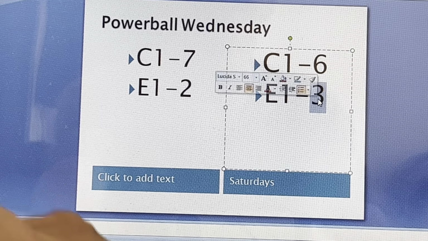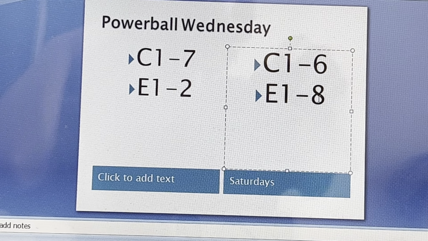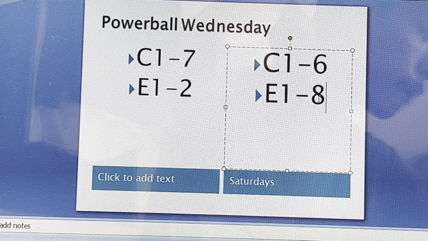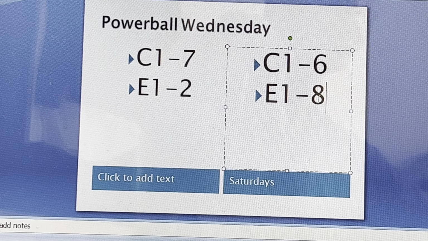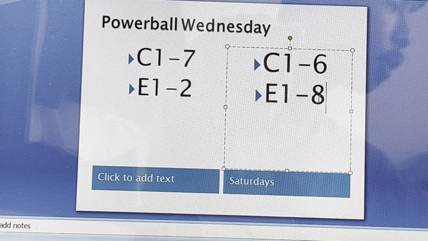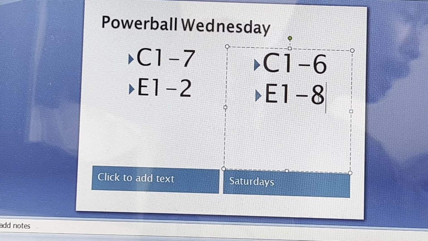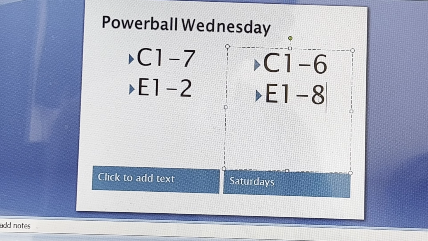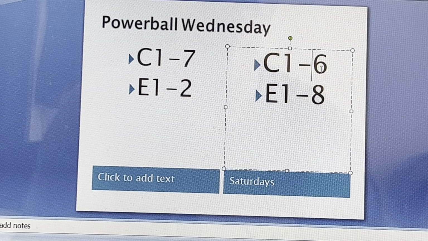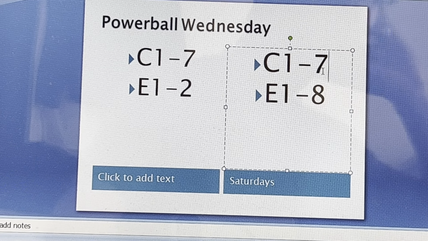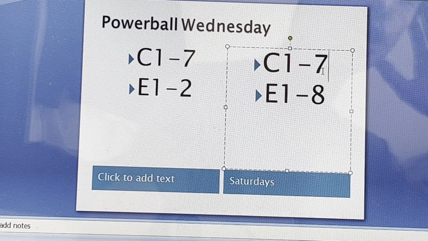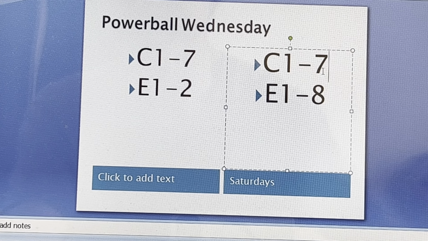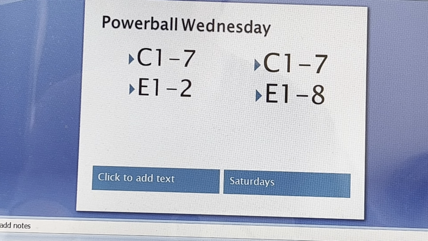So on the last video, cross the E1 out. The C1, also cross that out. It'll be a 7 because I'm looking at the 2. So I correct myself. C1 will be 7. E1 will be 8.